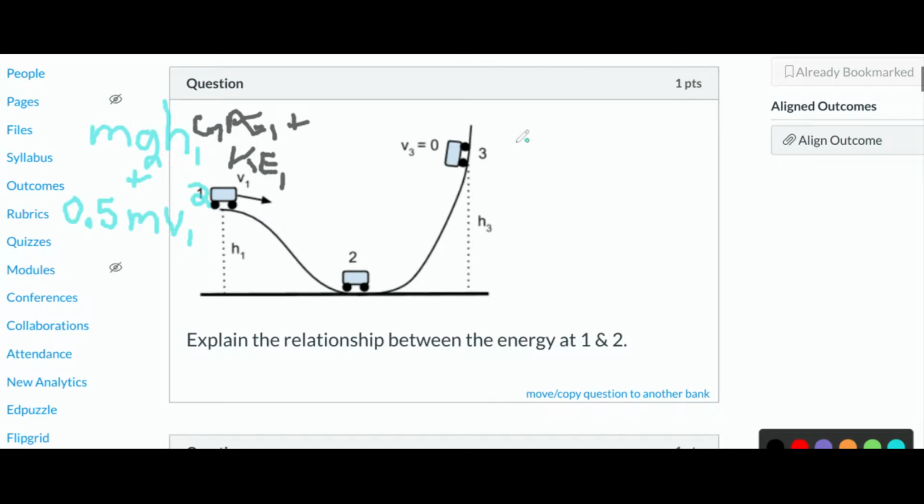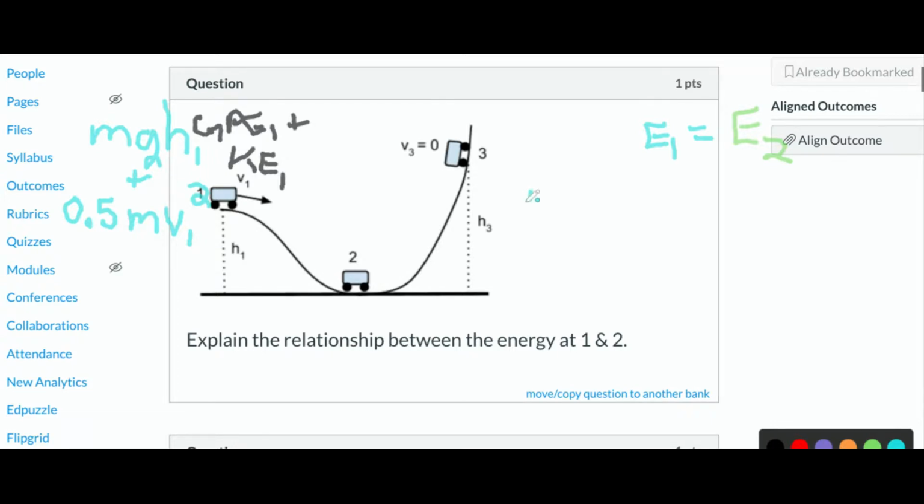So E1. If I were doing this in a problem, I would have written out the gray step here, GPE1 plus KE1, but E1 equals E2. Now I'm going to rewrite everything over here together.